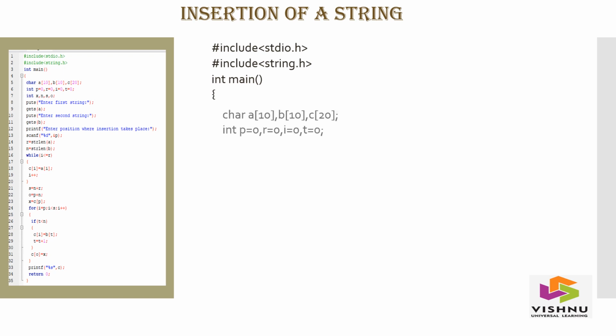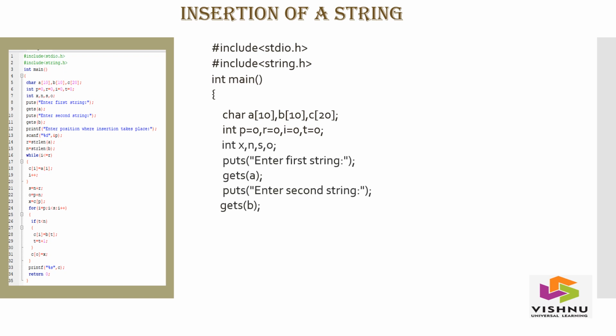In main function, we have to declare and initialize the variables which are used in the program later. After that, we have to enter the first string and enter the second string. Let the first string be the main string and it can be stored in A. And we have to enter the second string and let the second string be the substring and it can be stored in B. After that, let's consider the length of the string A is R and length of the string B is N, where N and R are variables.